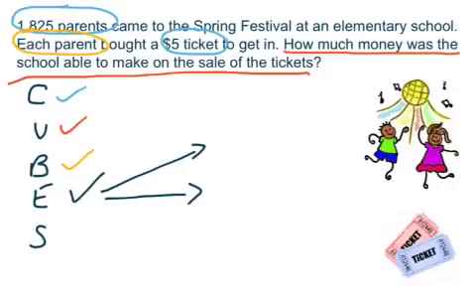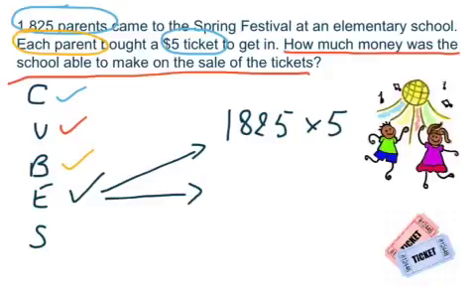So the fact that each parent bought a $5 ticket to get in, and the fact that I want to know how much money the school made, make me think about multiplying 1,825 by 5. So here I'm thinking about multiplication. My favorite method to multiply when it's 4 digits by 1 is the area method.